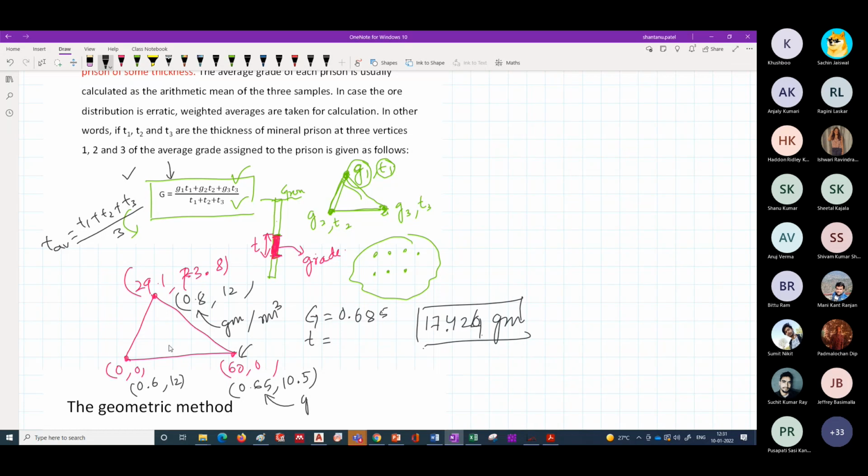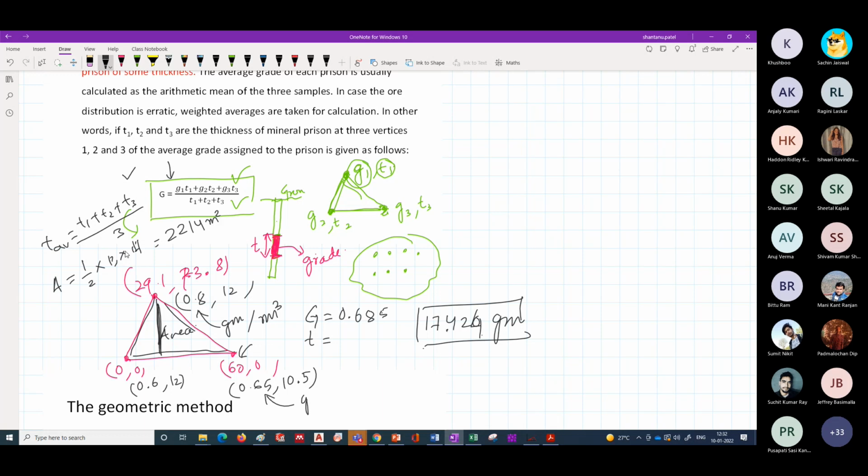Then we have to calculate the area of this triangle, which is half base into height. You know the coordinates, so area equals half base into height. If I'm not wrong, this comes out to be 2214 meter square.